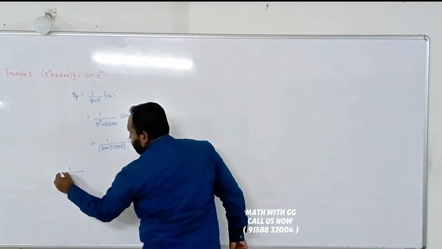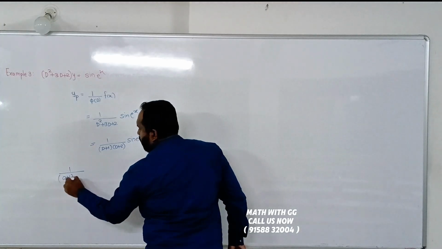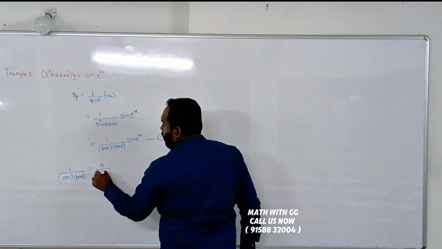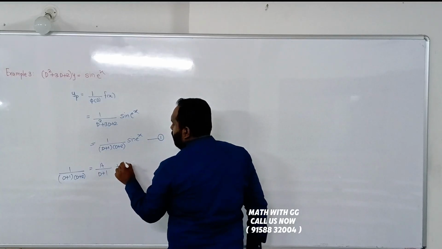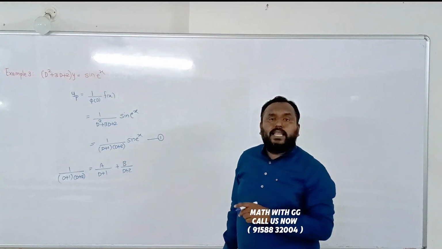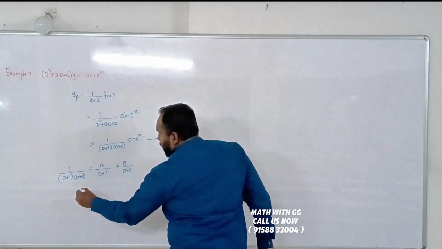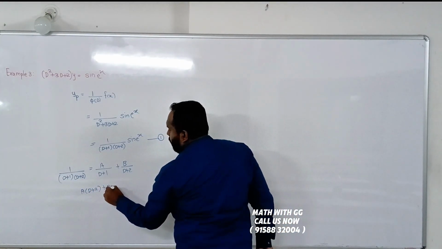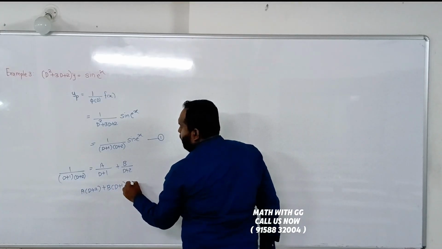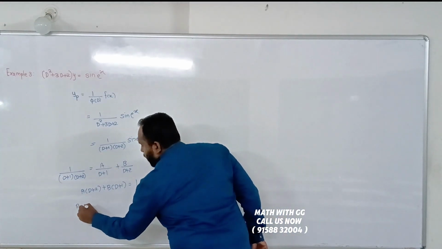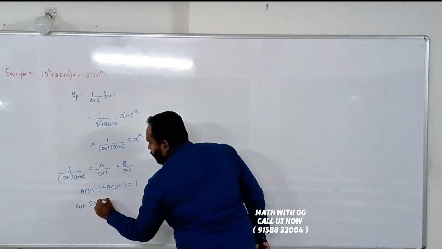So 1 upon d plus 1 into d plus 2 equals a upon d plus 1 plus b upon d plus 2. Cross multiplying and cancelling the denominator, we get a into d plus 2 plus b into d plus 1 equal to 1. Now put d equal to minus 1.